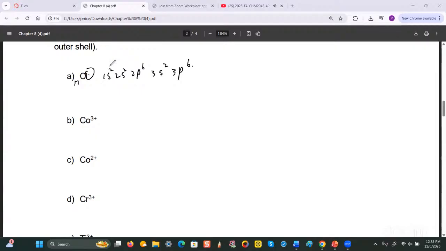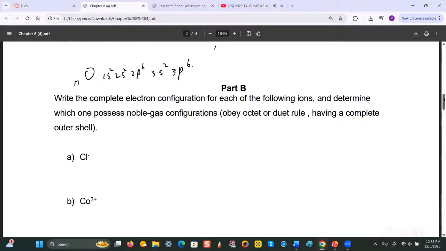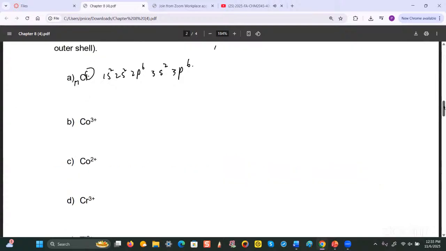Arsenic is AS, argon is AR. The electronic configuration of argon is going to be the same because they have the same number of electrons. The question says, determine which one has the noble gas configuration. So in the case of the first one, you're going to say that this has a noble gas configuration, and that's it.